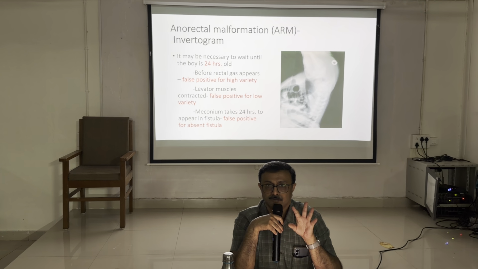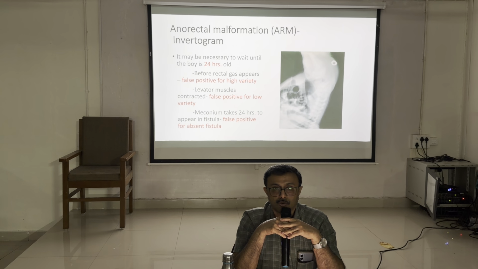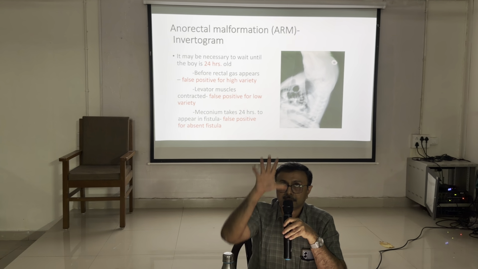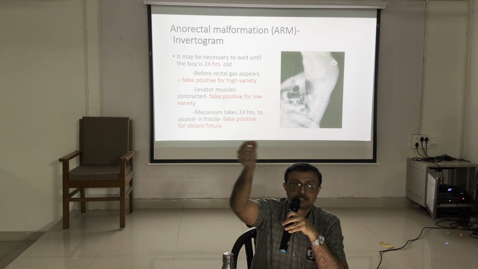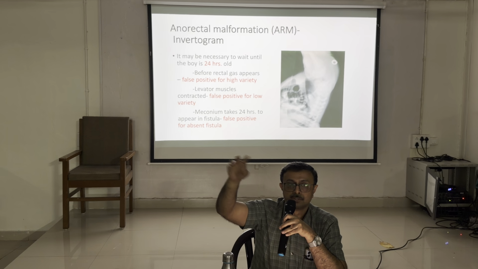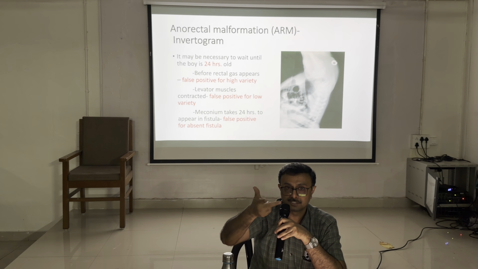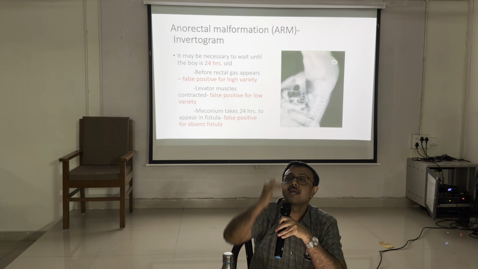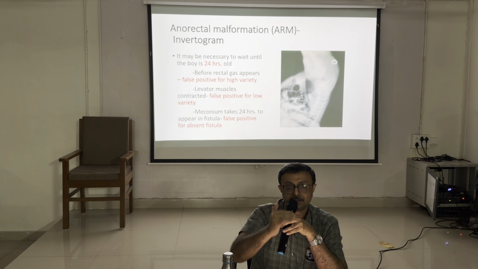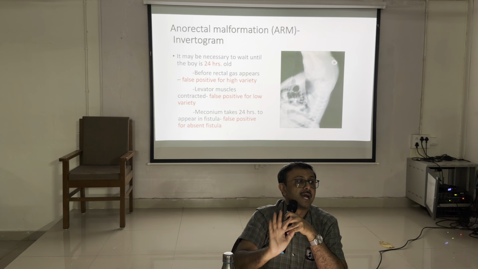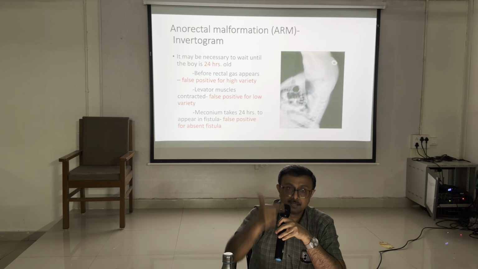Practically, there are two levels, high and low. It is decided by the PC line, pubococcygeal line, between the pubic bone and coccyx. In invertogram, if gas is above the PC line, it is the low variety. If gas is lower than the PC line, that is the high variety.